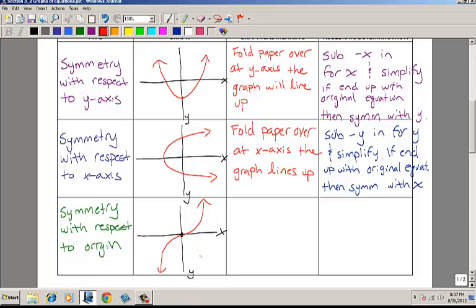Basically, you would figure this out graphically if you fold the paper over at the x-axis. You'd fold your paper over at your x-axis, and then again at the y-axis.